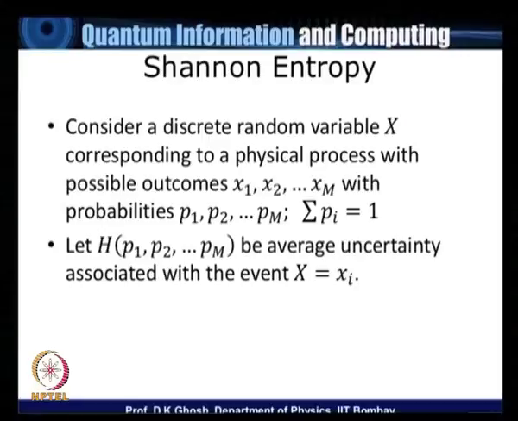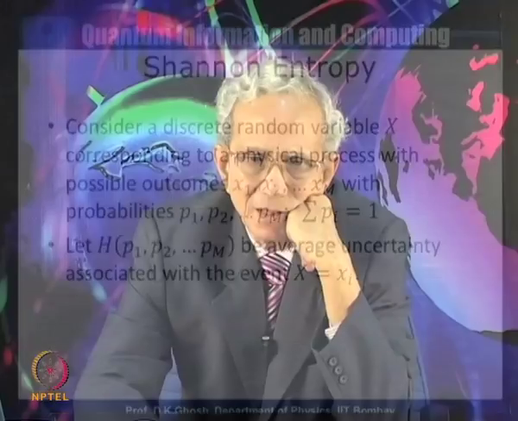This is Shannon's way of dealing with it, and the more common application today in physics is due to Shannon's entropy. So we have already identified that a measure of information is connected with an uncertainty. So therefore, let us define a random variable.